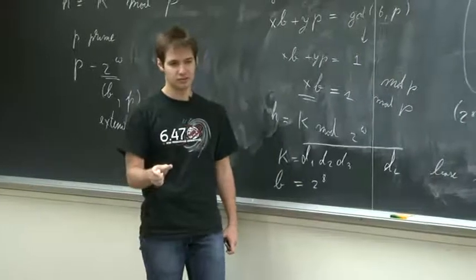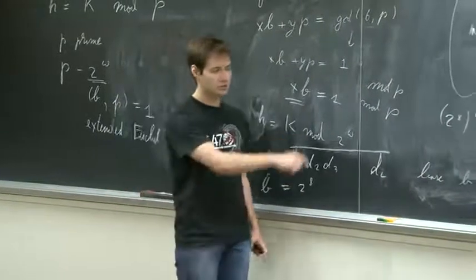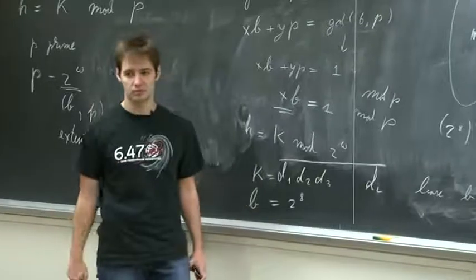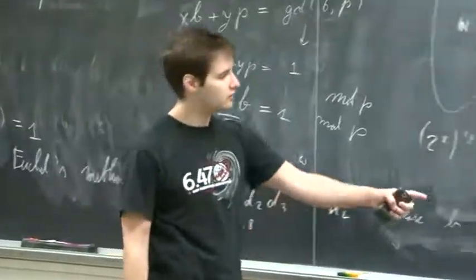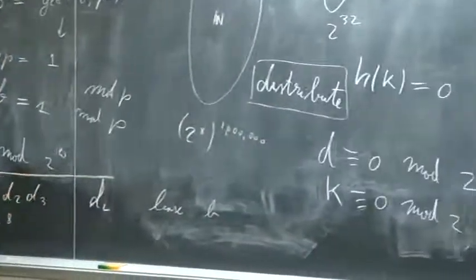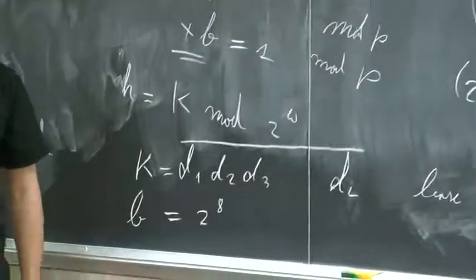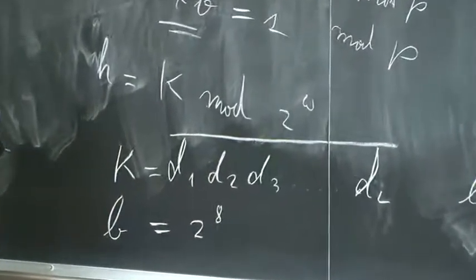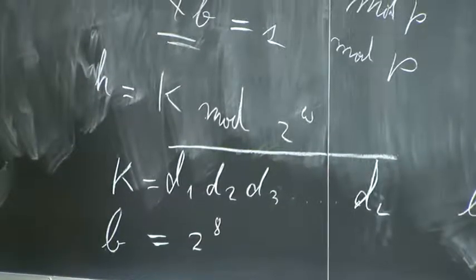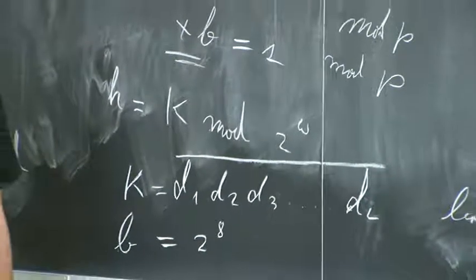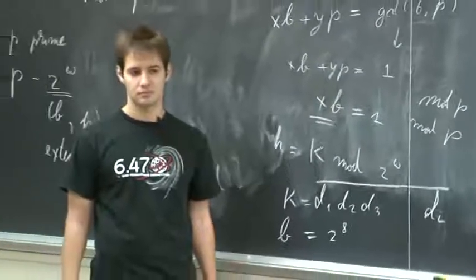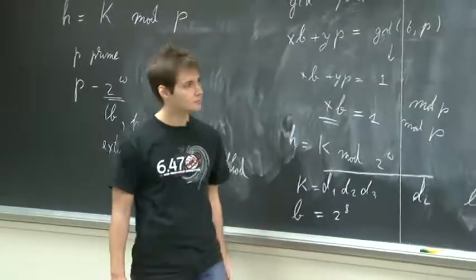So if your last digit is divisible by 2, then the whole number is divisible by 2. So then if I take this key modulo 2 to the 32, then the hash is also going to be divisible by 2.